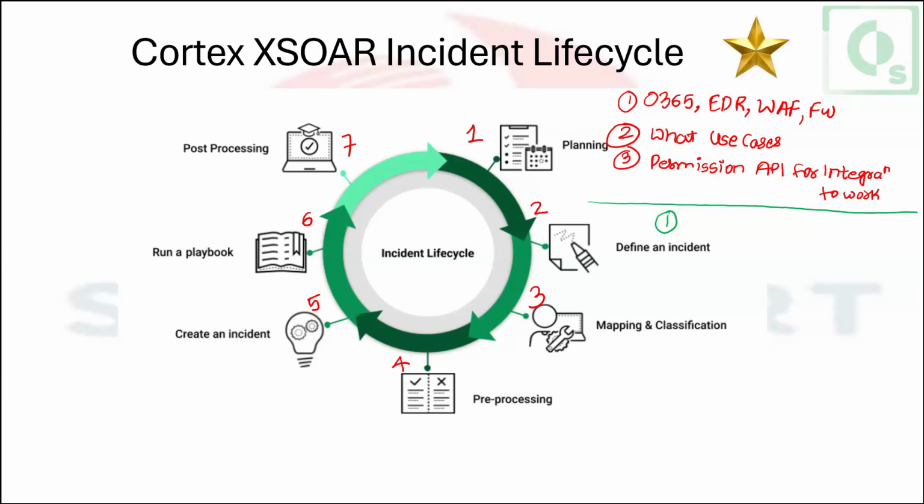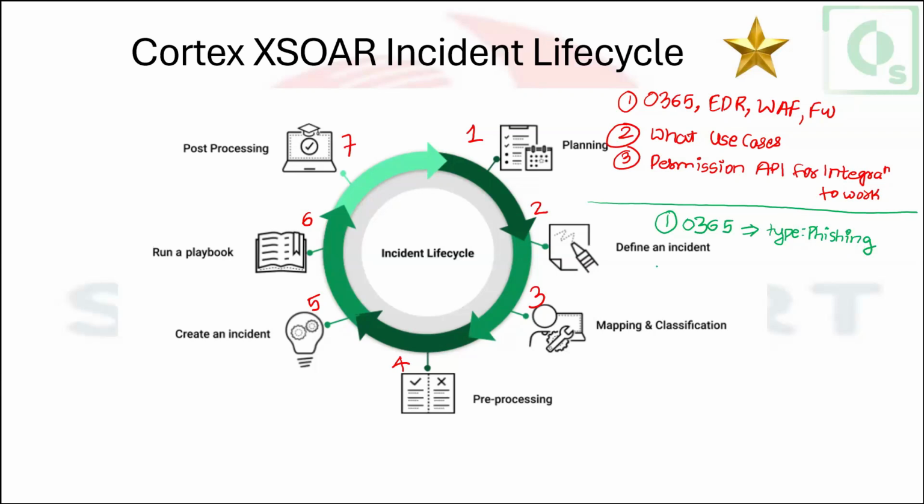For example, I have an O365 log. In O365, let's say I have something called phishing. So in XOR, when I configure that only the logs having the type as phishing need to be filtered, that is where I'm defining an incident.